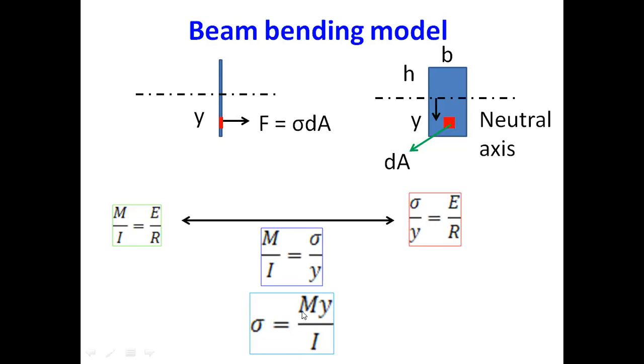Similarly, the bending stress is directly proportional to M, the bending moment. It means that the point where the bending moment would be maximum, the stress would be maximum. The point where y would be maximum, the bending stress would be maximum. And the bending stress is inversely proportional to the second moment of area.